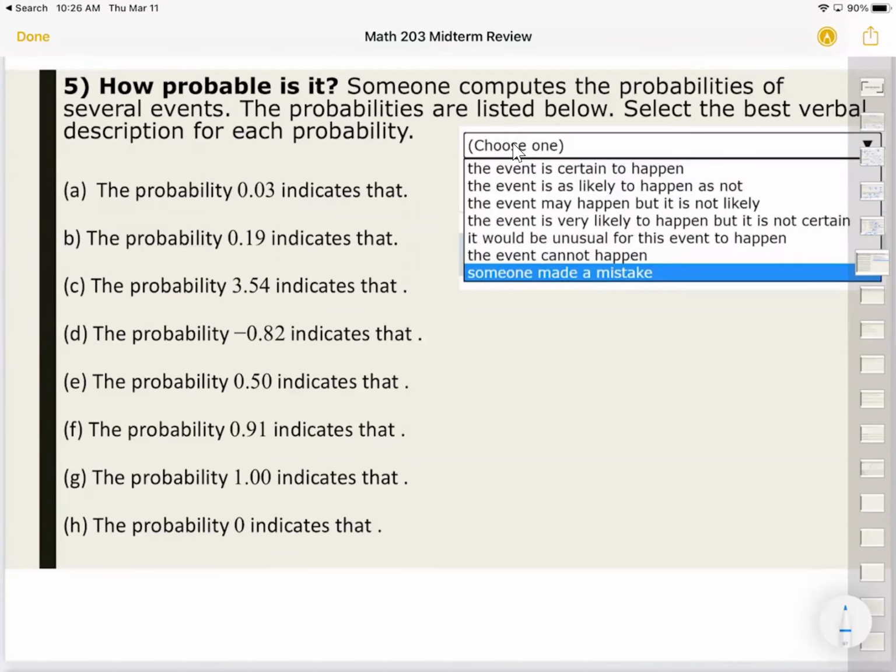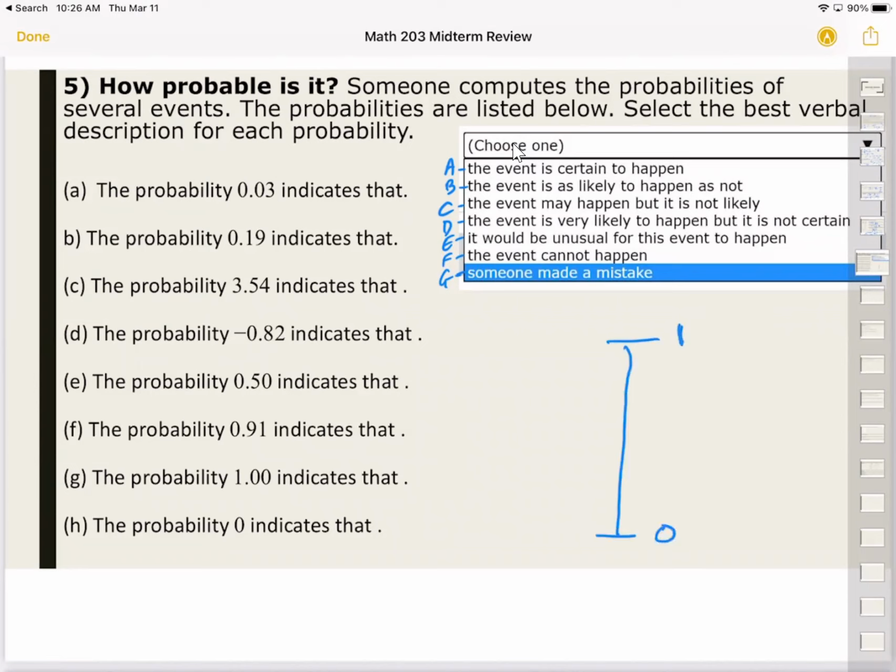Just imagine that these are my options A, B, C, D, E, F, and G. If you did the homework for this item on chapter 3, you have these items that you need to choose from, to see which one fits the description. As I mentioned to you, probability is a scale from 0 all the way to 1.